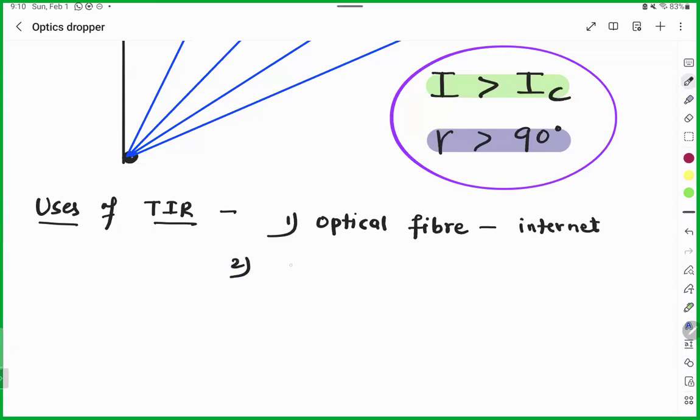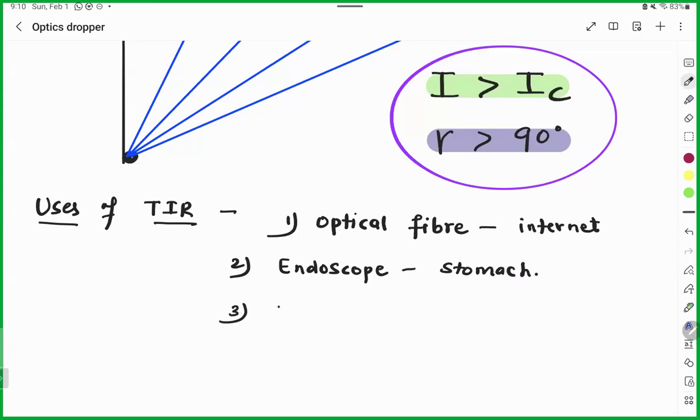Second, in the endoscope, you send light into the internal organs, especially the stomach or intestine. Light will reflect back, and we can see the internal organ, mostly the stomach, like internal bleeding.